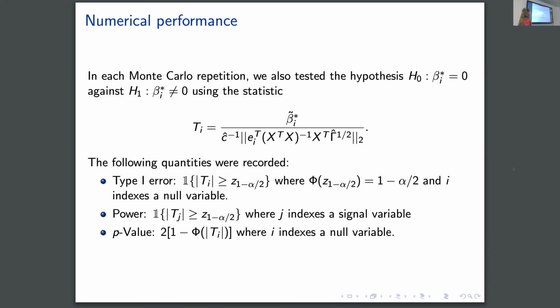So we can also look at how well our test statistic performs. If you recall, I defined these T_i to test whether individual entries of our vector were 0. And we looked at the type 1 error, power, and distribution of the p-values under the null hypothesis.